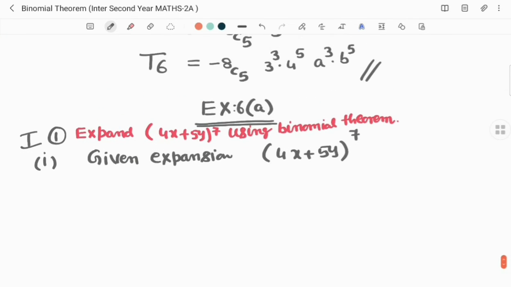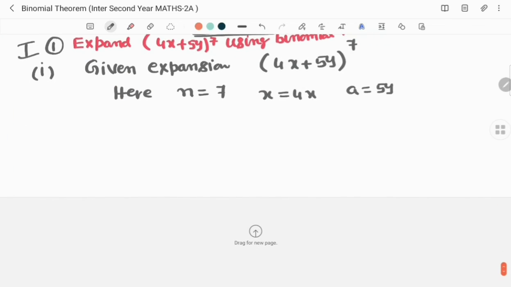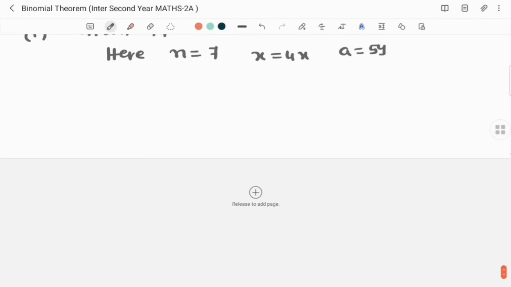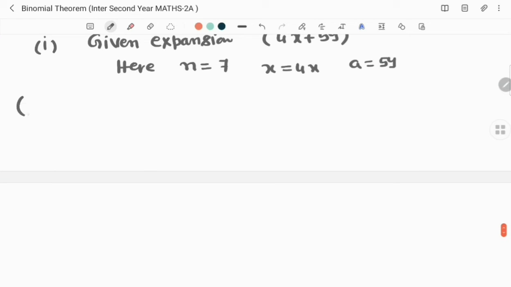So here it is in the form of (x plus a) whole power n. n is equal to 7, x is equal to 4x, a is equal to 5y. So normal expansion we are doing now. So (4x plus 5y) whole power 7 is equal to.